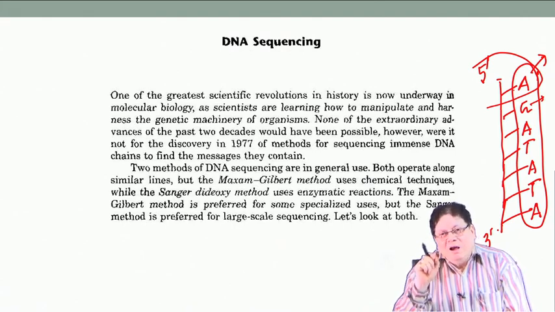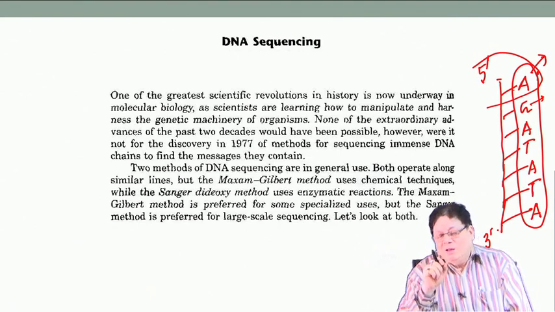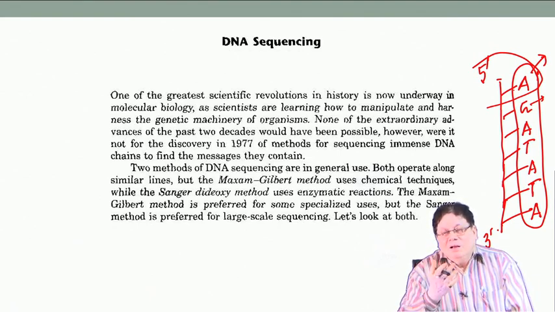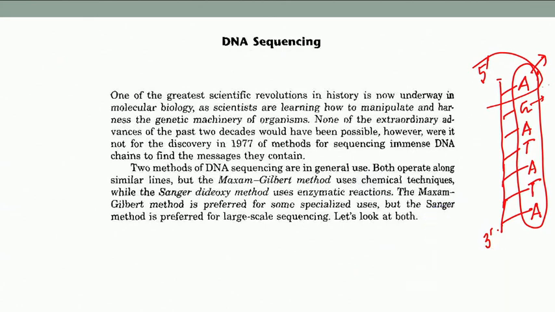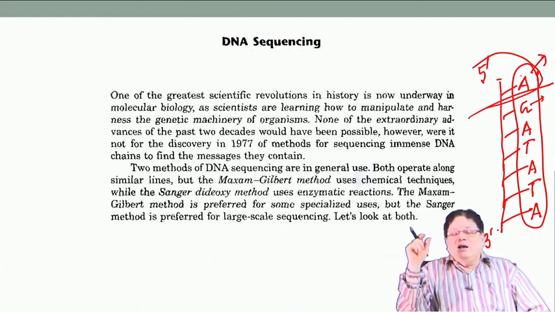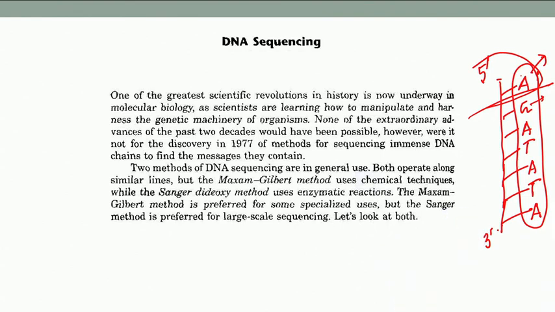So, it will be very hard to find a condition where only A will be cleaved, that means the A containing sugar phosphate will be cleaved and you will get a DNA which is devoid of A, because A and G are very similar in structure and there is only a slight difference in their reactivity, obviously, because one has only an NH2, 6-aminopurine, the other has a carbonyl at the 6th position and there is another NH2 there.